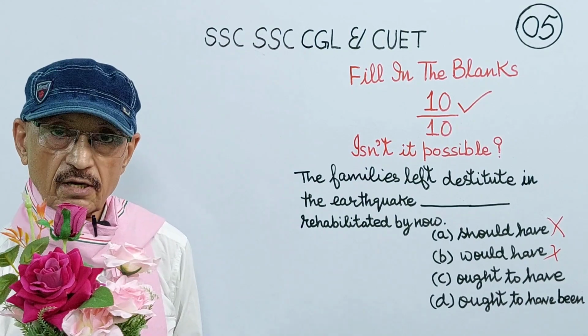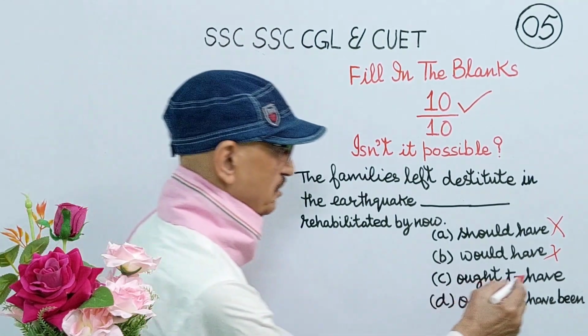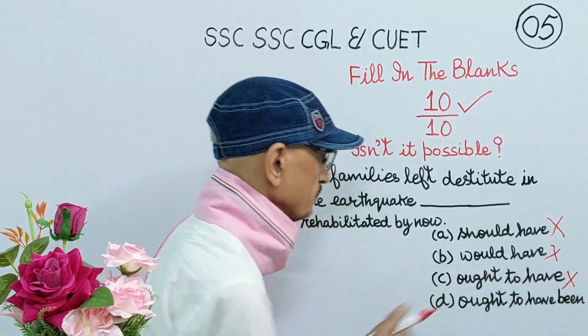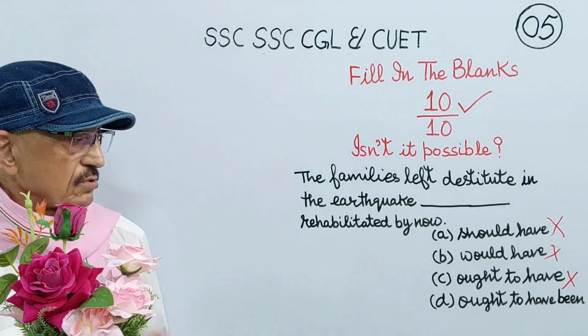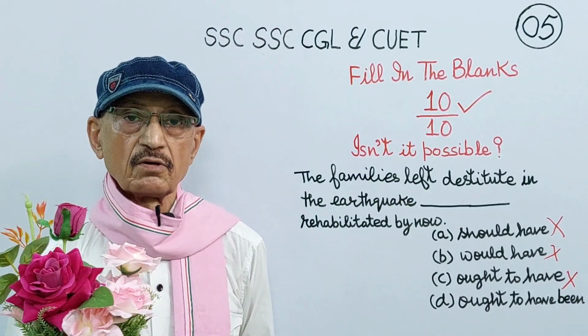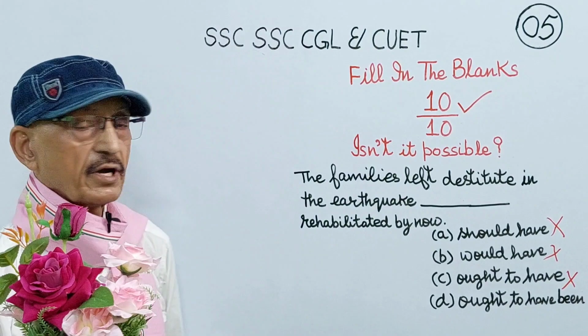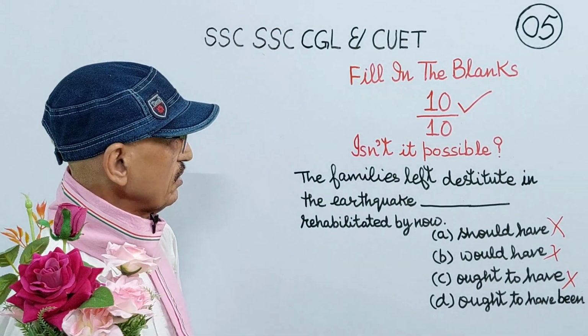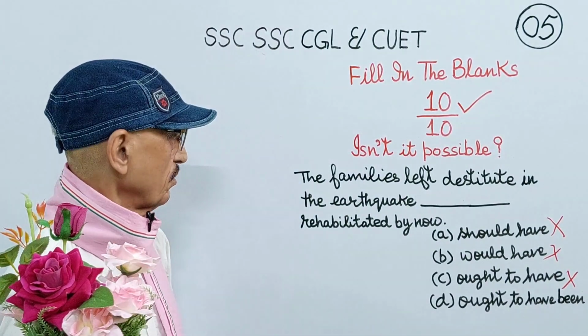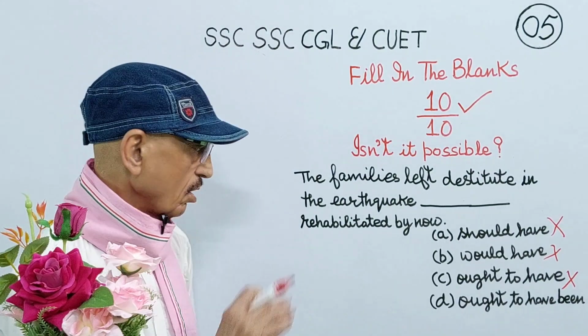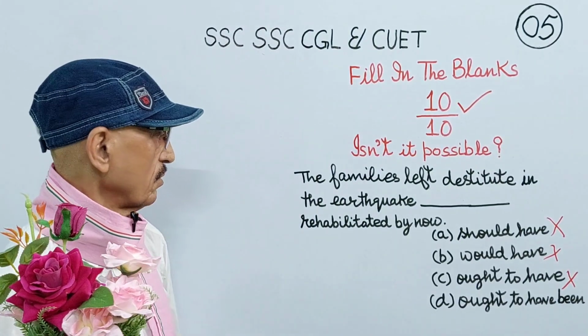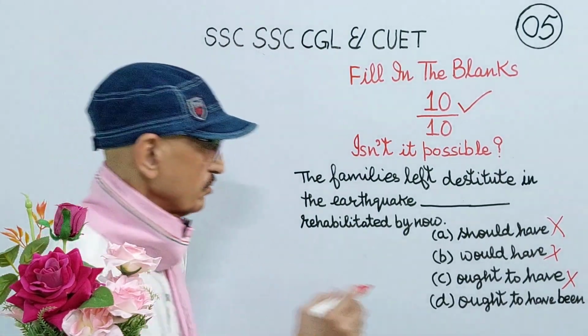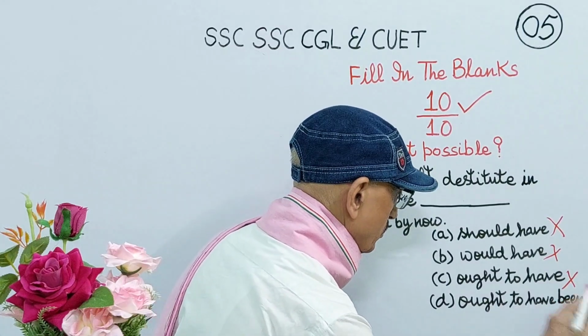This is again a wrong alternative. It means alternative D is a correct answer, ought to have been. The families left destitute in the earthquake ought to have been rehabilitated by now. This is correct.